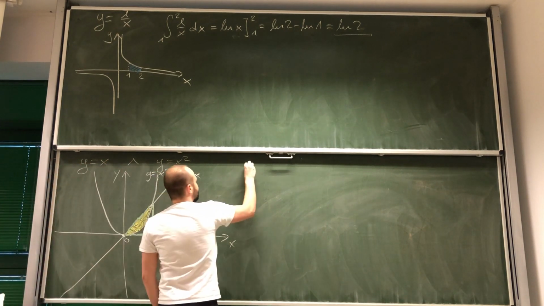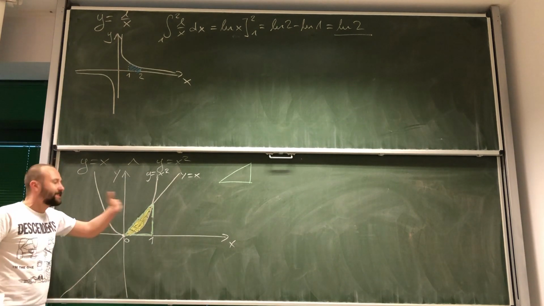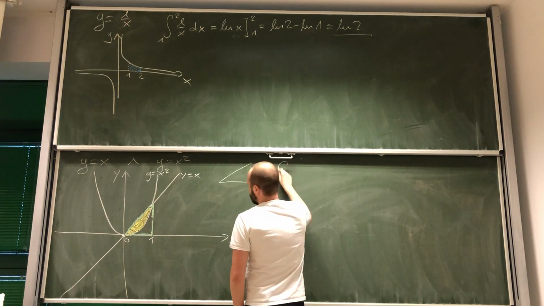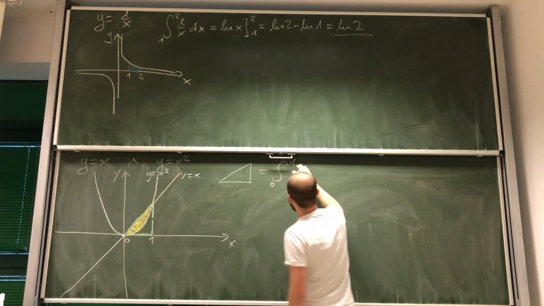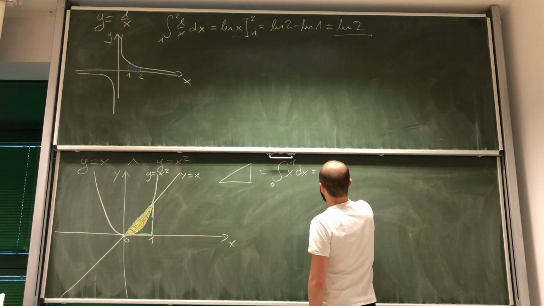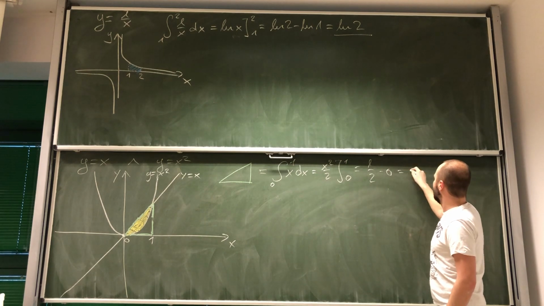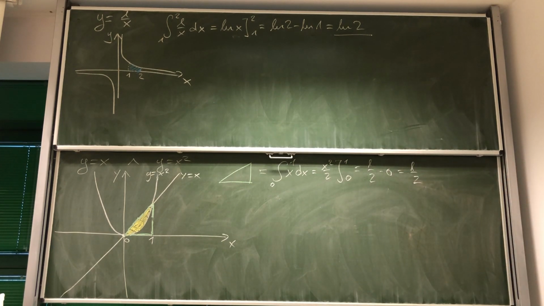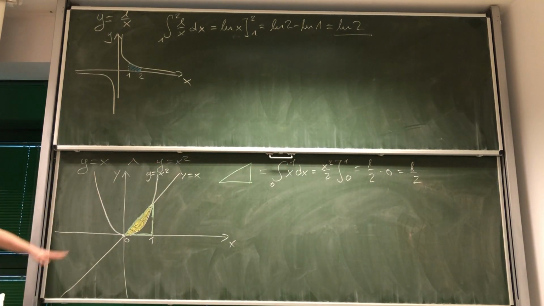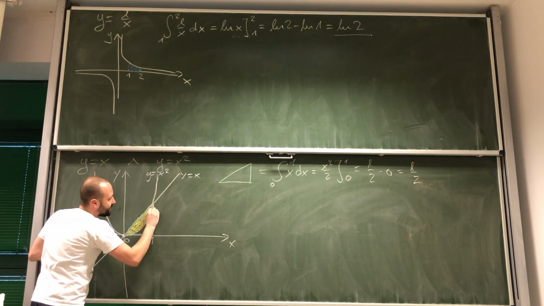What is the area of this triangle? Well, this is given by the integral from 0 to 1 of x dx, which is equal to x squared over 2, from 1 to 0, which is equal to 1 over 2 minus 0, 1 over 2. What would I do next? Well, next, I would calculate what is the area below x squared.